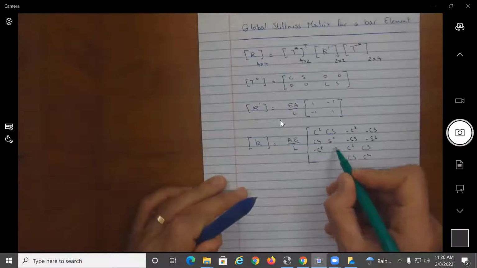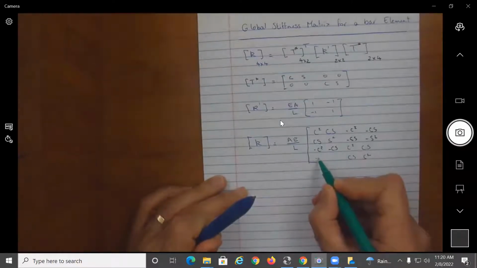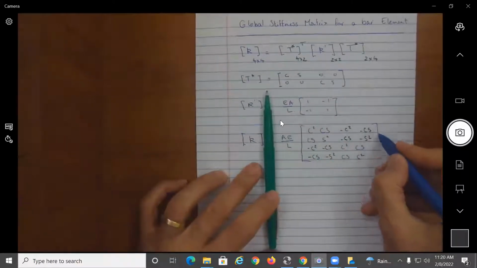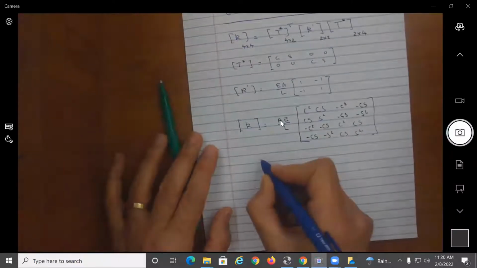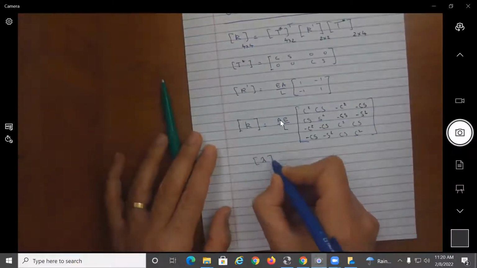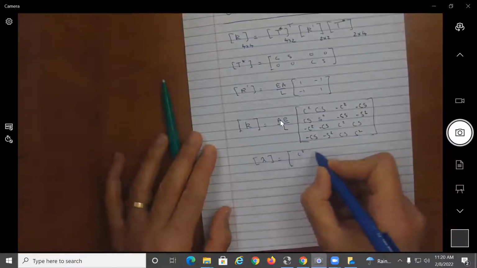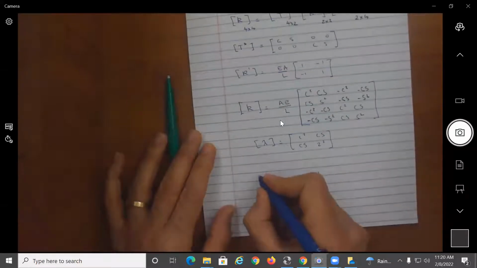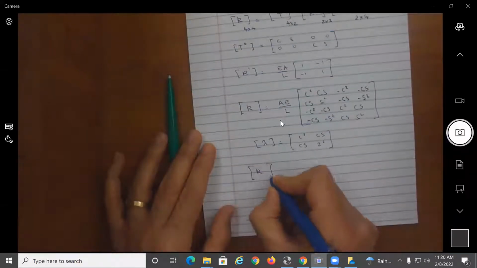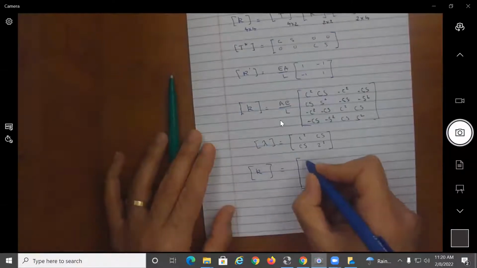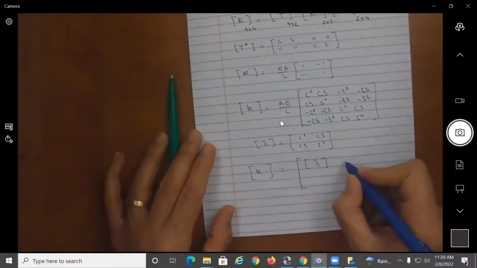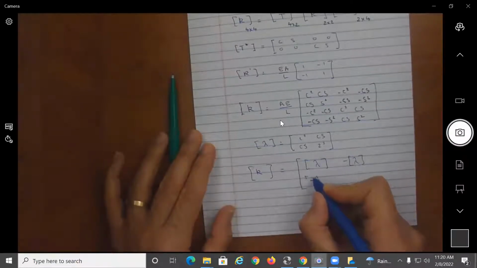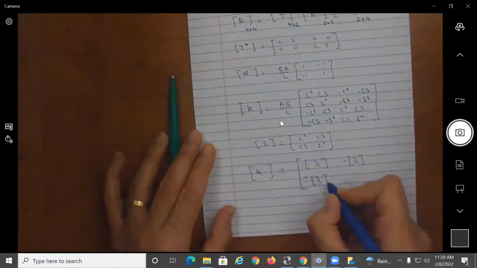Likewise, minus C squared, minus CS, minus CS, and minus S squared. If I let lambda be equal to C squared, CS, CS, S squared, I can make this K using partition matrices equal to lambda, minus lambda, minus lambda, and lambda.